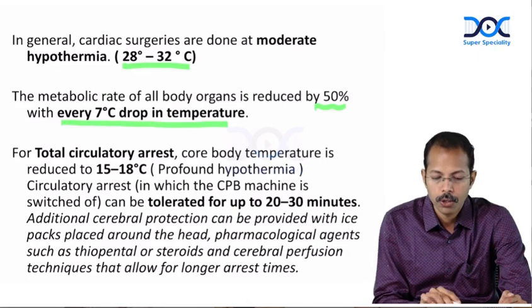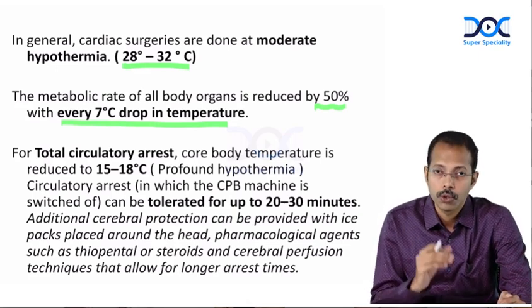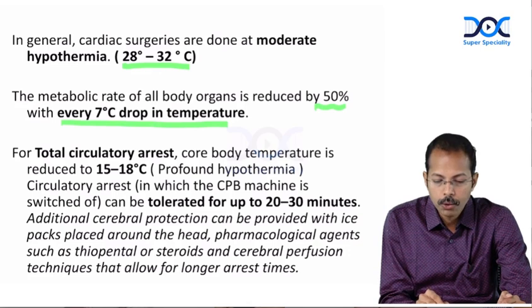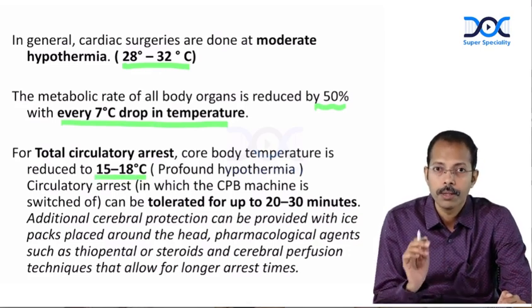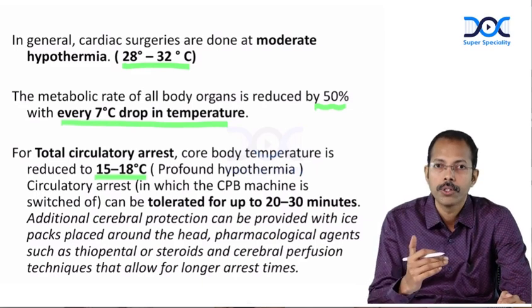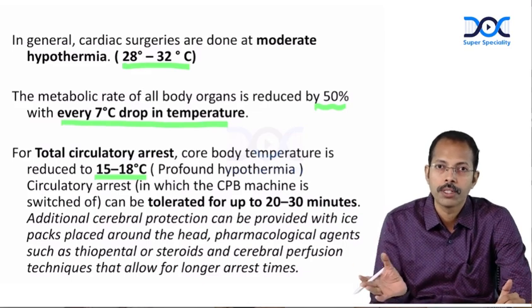So for total circulatory arrest, what should be the core body temperature? It should be cooled to 15 to 18 degrees centigrade. This is called profound hypothermia. So with this hypothermia, even we can arrest the circulation. We are not going to run the heart lung machine even.